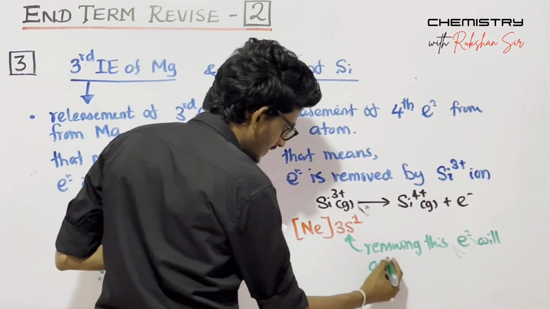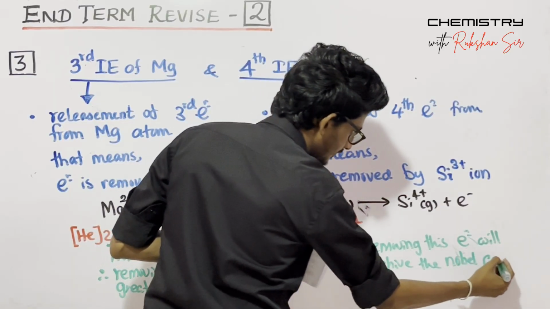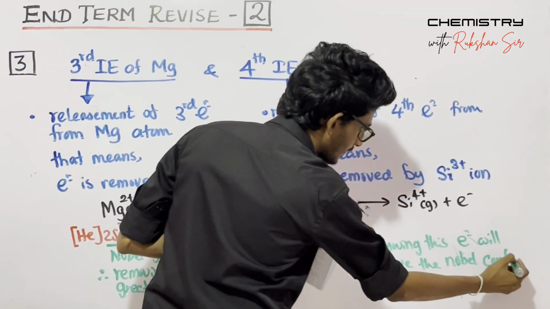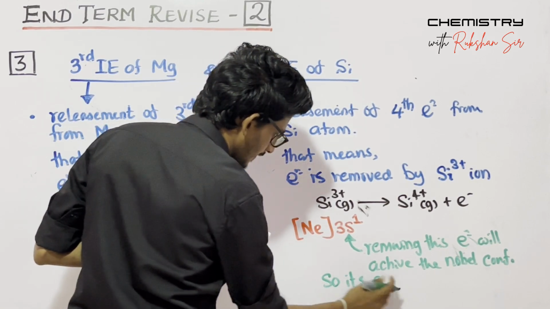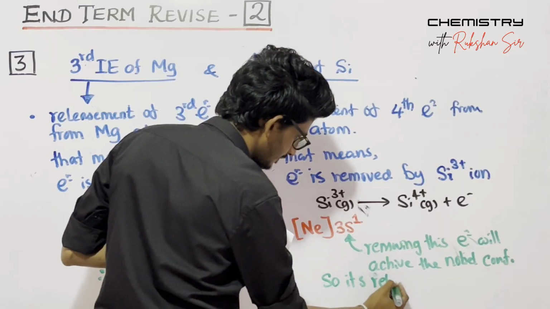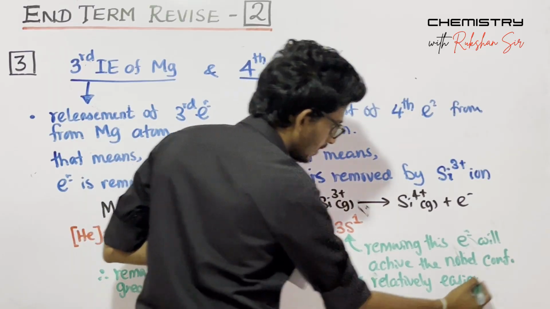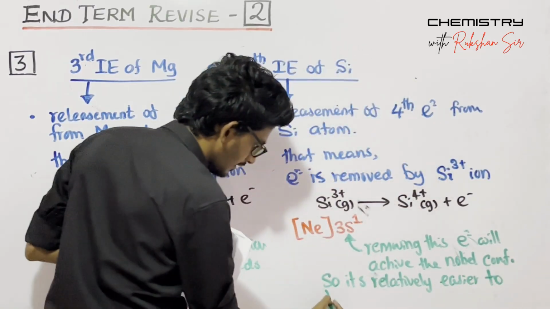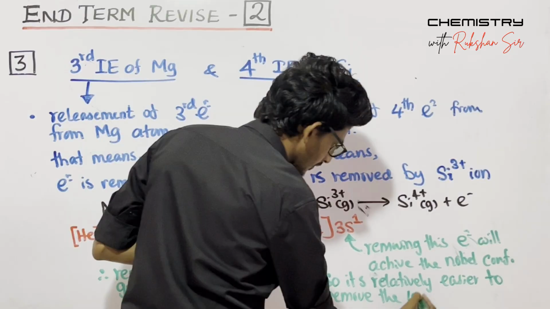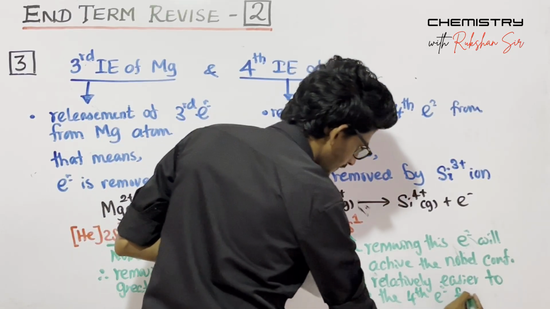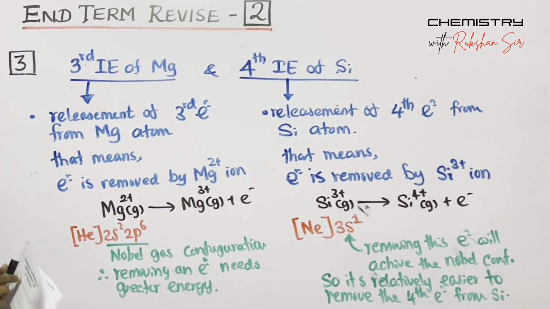So it is relatively easier to remove the fourth electron from silicon. So you see, less energy is needed.